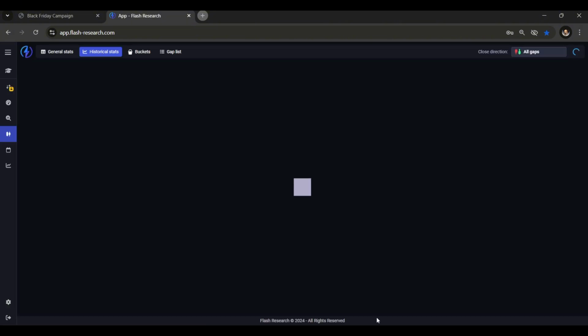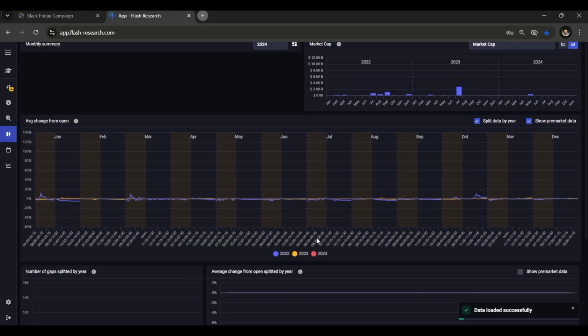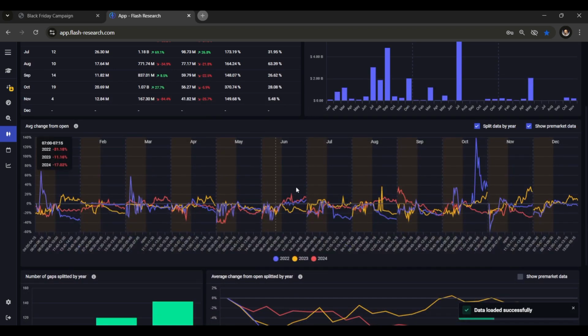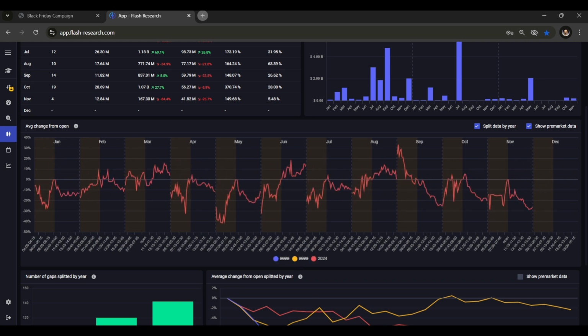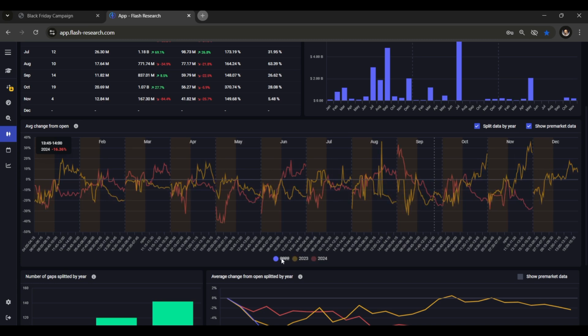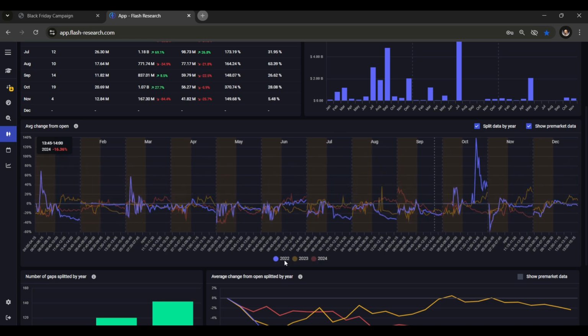You see that it splits into different colors, and it makes it so appealing to see, easy to read, easy to analyze. You can also take some years out of the equation and see one. If you put the mouse over here, it highlights the year that you are looking at.